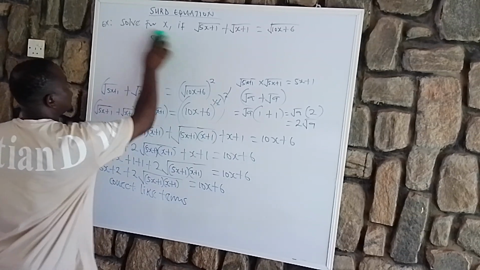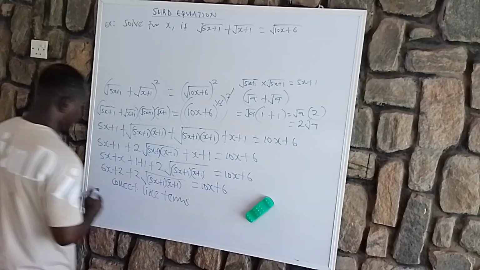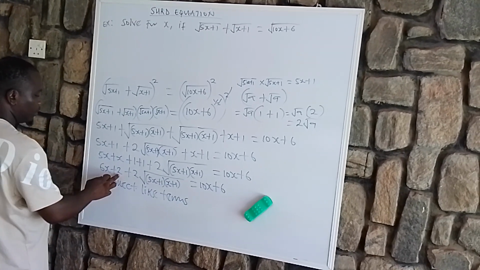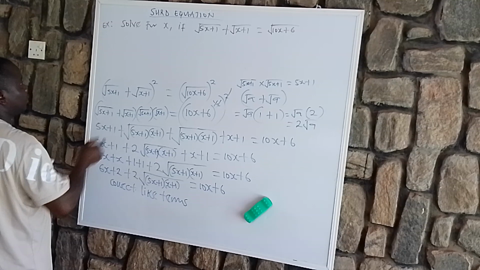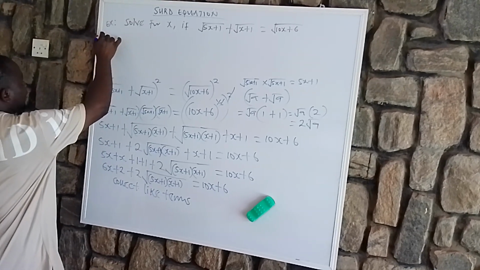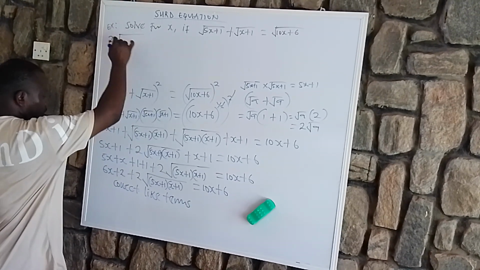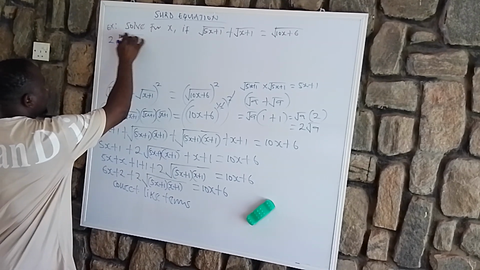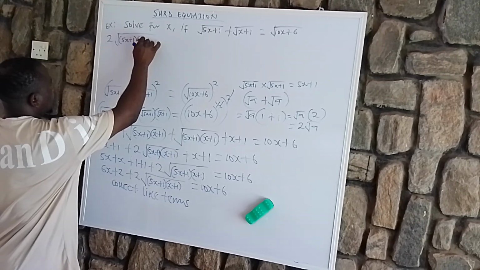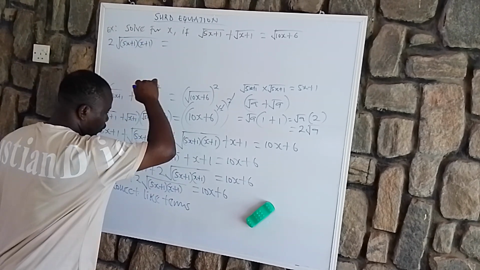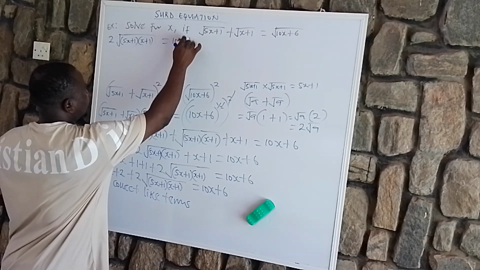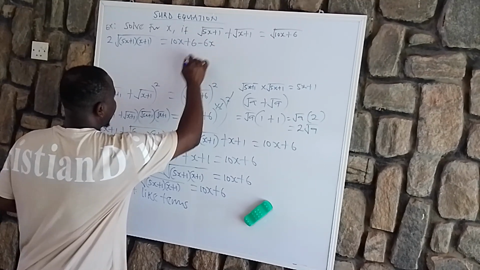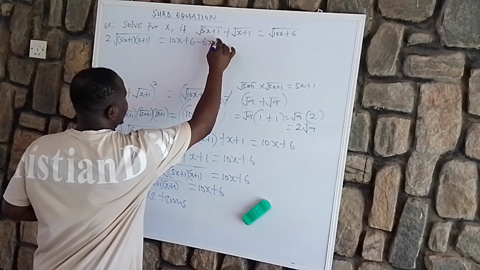This implies that 6x crosses the sign of equality and becomes negative; 2 crosses the sign of equality and becomes negative. So the left side will now be 2 root open bracket 5x plus 1 open bracket x plus 1 close bracket equals 10x plus 6. Then 6x crosses and becomes minus 6x, then 2 crosses and becomes minus 2.